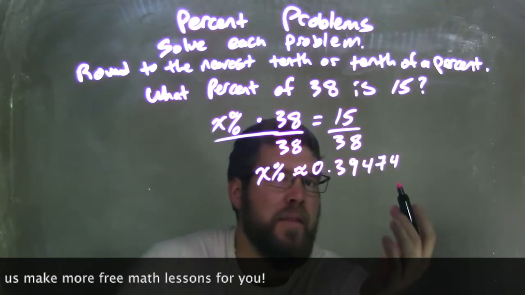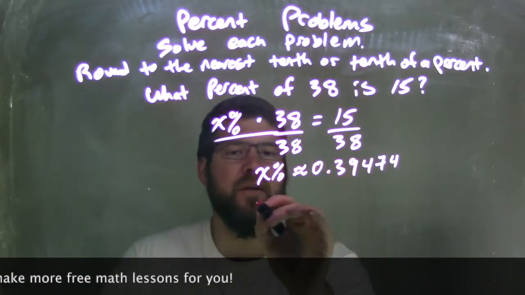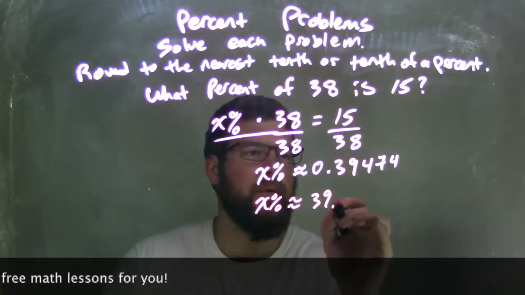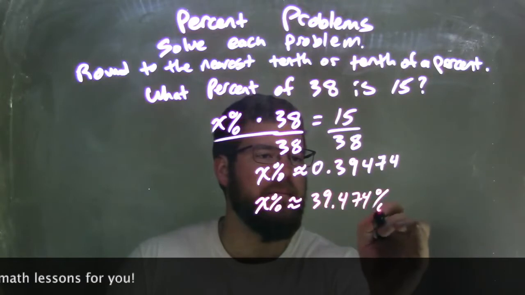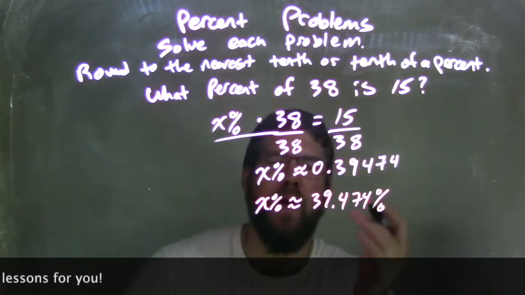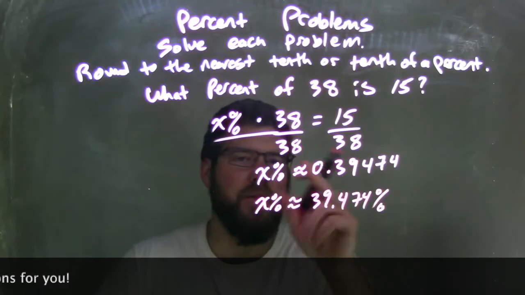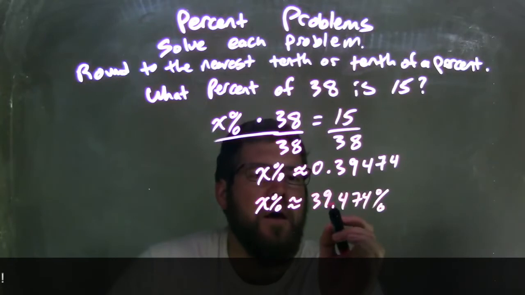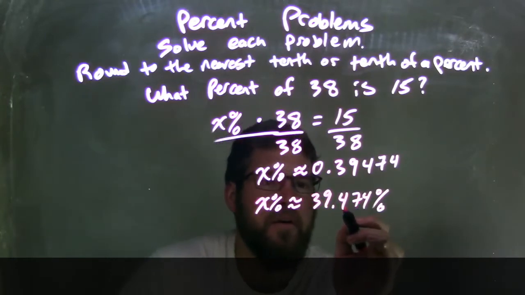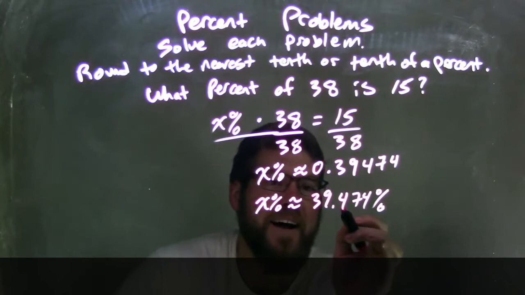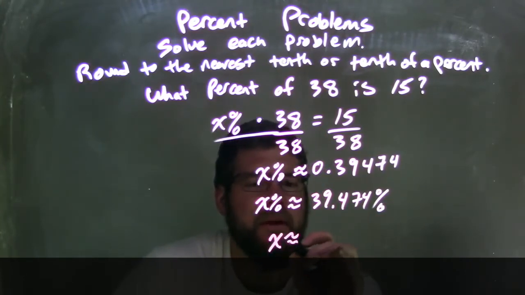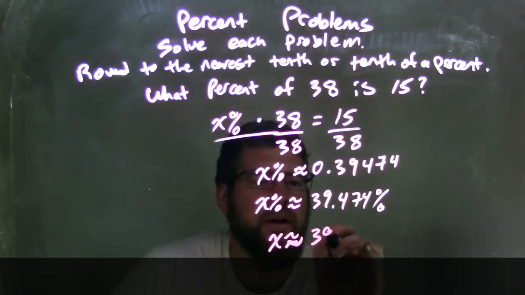So to do that, I'm going to multiply that by 100, move the decimal place 2 points over to the right, so we have x percent is approximately equal to 39.474%. And so if we're going to round that, I don't really need the x percent, which we know is a percent here, right? So I'll leave it, but in the final one I'll take it out. We look at the 4 and the 7. The 7 causes the 4 to round up to a 5. Okay, so when we round to the nearest tenth, we're left with x is approximately 39.5%. And that's a rounded answer.